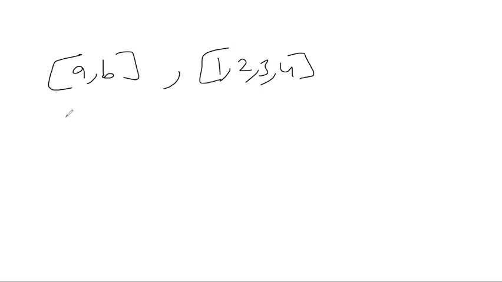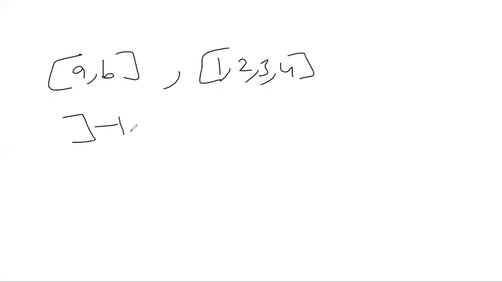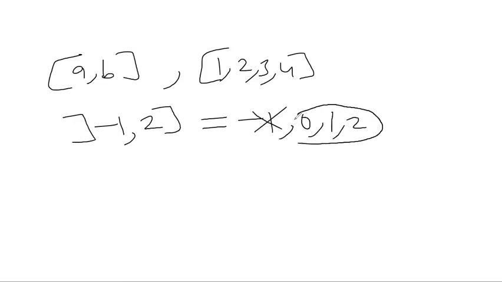But if there is a set in which the first bracket is open, and let us take some set where here it is -1, and then here it is 2, and then there is a closed bracket. Then what are the elements in this? Here you can write: -1 will not be there, because here it is open, and then you can write 0, 1, and 2. These are the elements of this set.